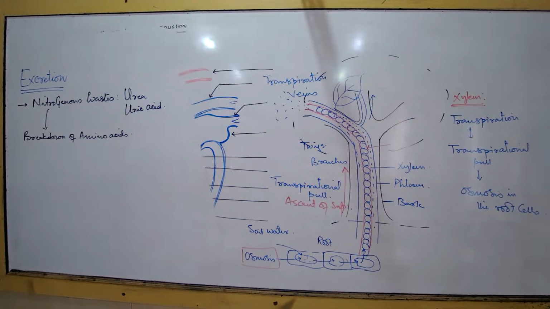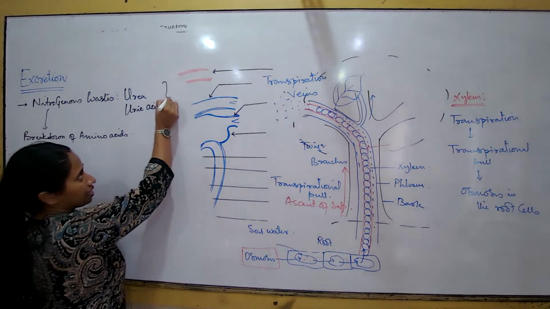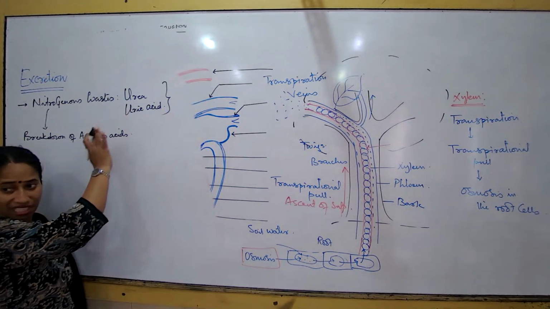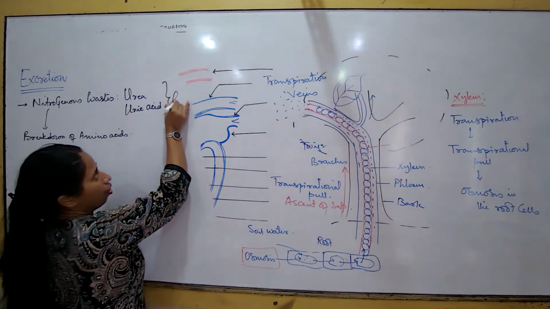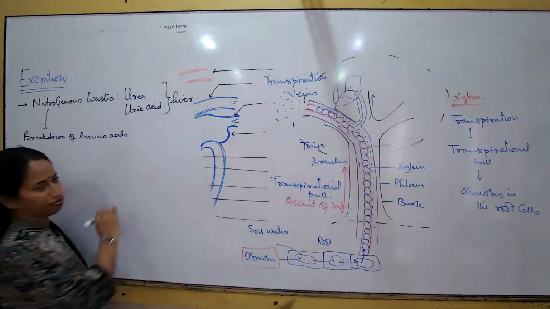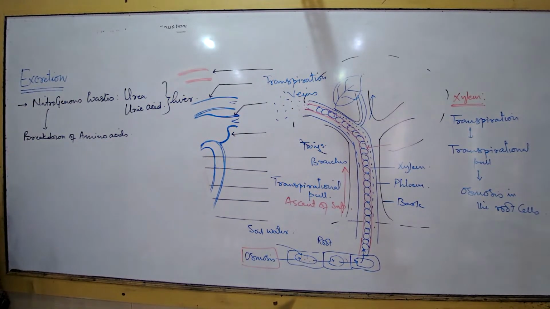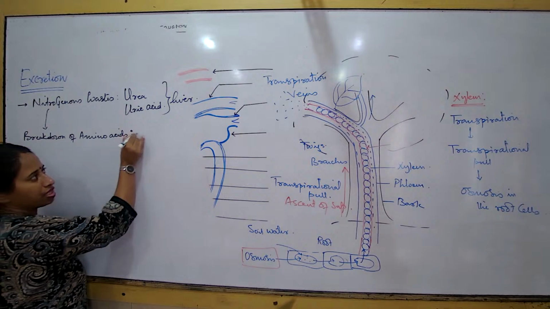Nitrogen is a major component there. And where are they formed? Remember, they are not formed in any excretory organ, but they are formed in the liver. Now, this breakdown of amino acids that I am talking about, where is it taking place?